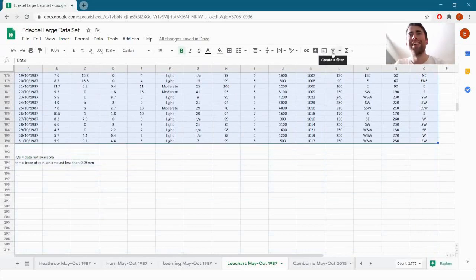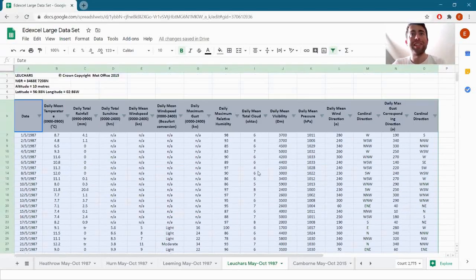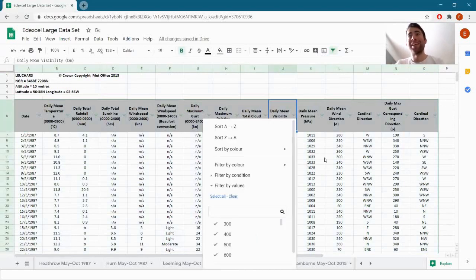And I'm going to click on this button here that says create a filter. What that does, you'll see these bits have gone green to say that I've done it, is add these handy little drop-down boxes next to each of the headings.